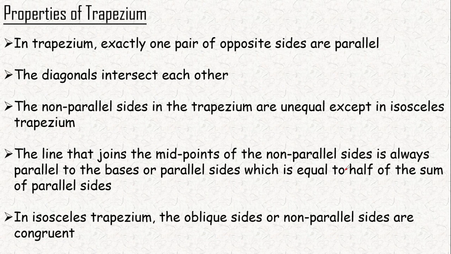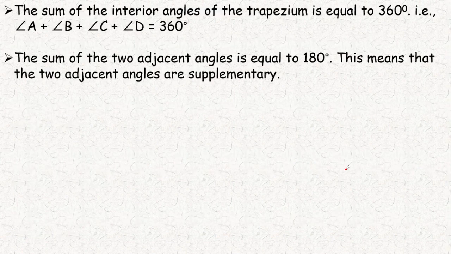Next, in isosceles trapezium, the oblique sides or non-parallel sides are congruent. As you already learnt, there is a special case in isosceles trapezium that oblique sides are congruent. Congruent means same. In isosceles trapezium, oblique sides are the same; except in isosceles trapezium, in everything else they are different. And the common point in all quadrilaterals is that the sum of all angles is equal to 360 degrees.